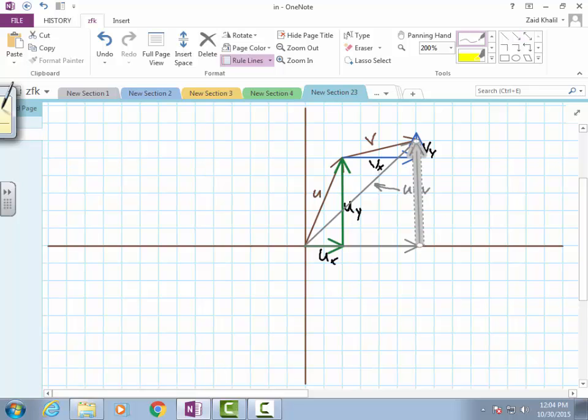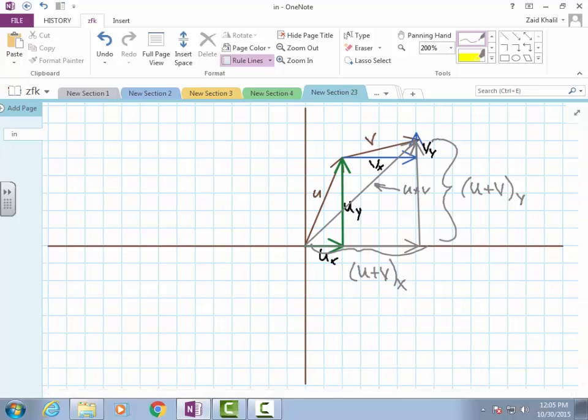And notice, what is this vector? This vector, and you have to be a little careful with your notation. That vector is u plus v, comma x. And that vector is u plus v comma y. In other words, that vector is u plus v in the x direction, and this vector is u plus v in the y direction.